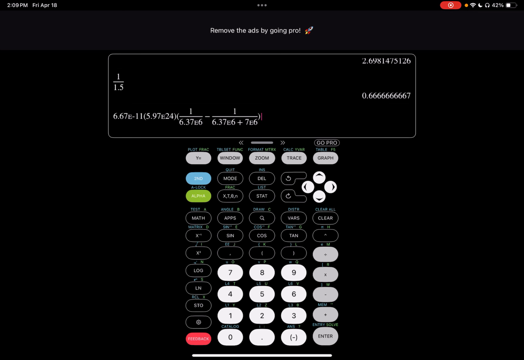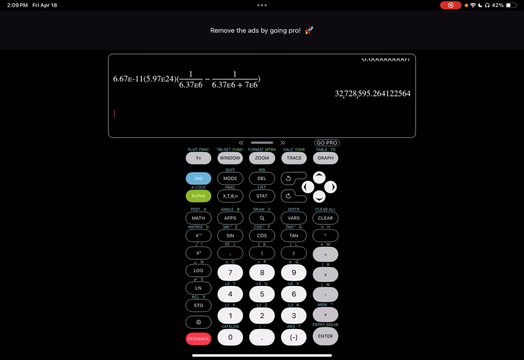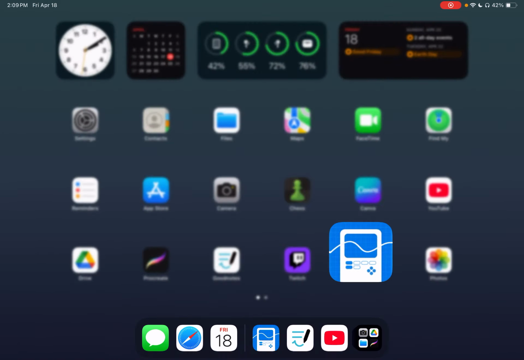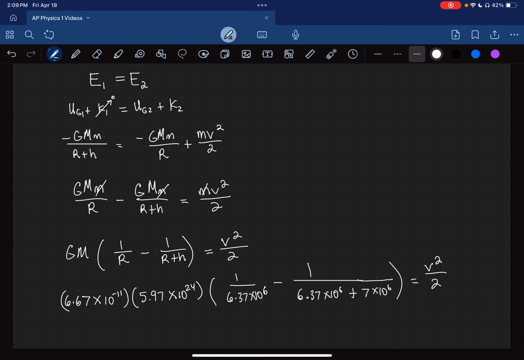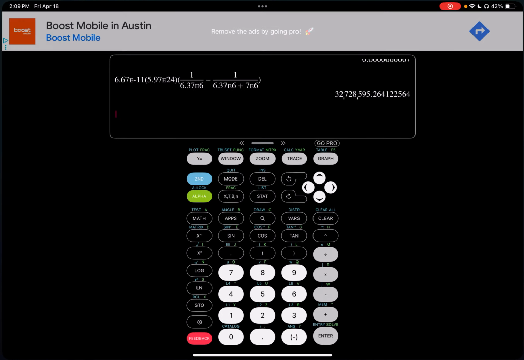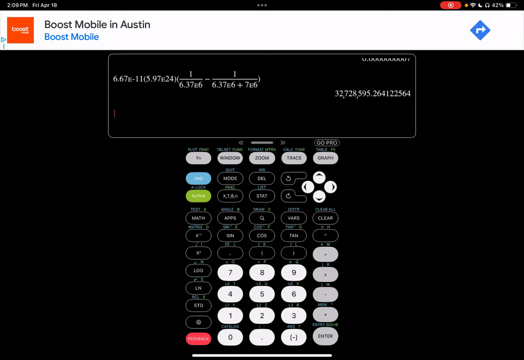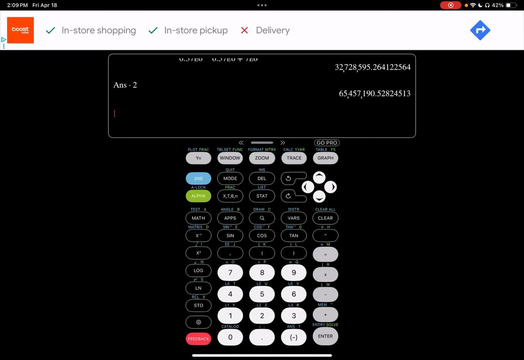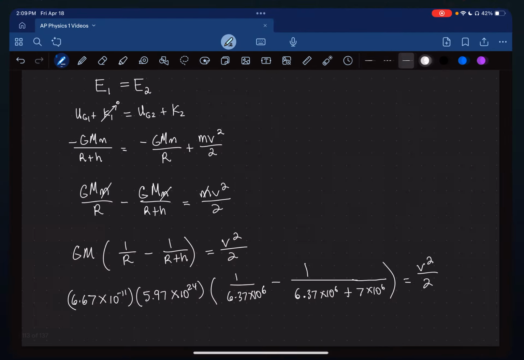That's good to me. Did we get this really big number? And we'll multiply that by 2. Did I use negative 11 on that one? I did. Okay. Multiply that by 2, and we'll take a square root.